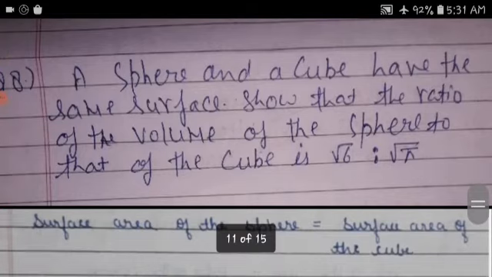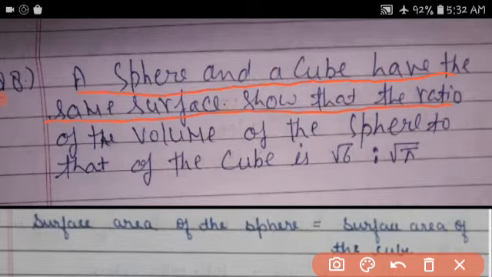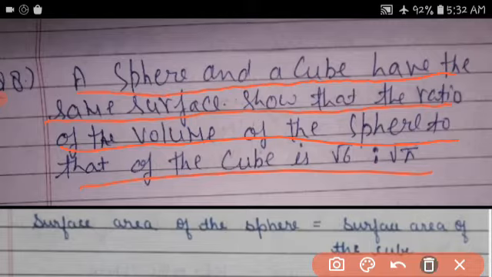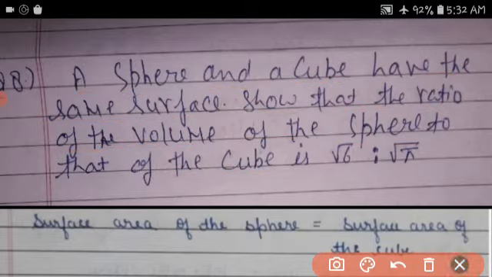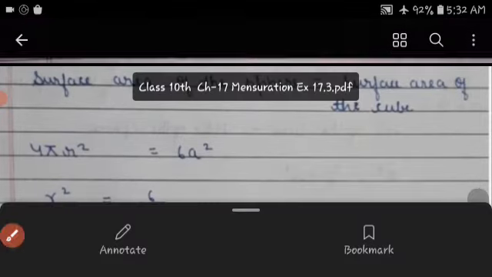Question number 8. A sphere and a cube have the same surface area. Show that the ratio of the volume of the sphere to that of the cube is root 6 to root pi. Let the surface area of the sphere equal the surface area of the cube. 4 pi r square equals 6 a square.